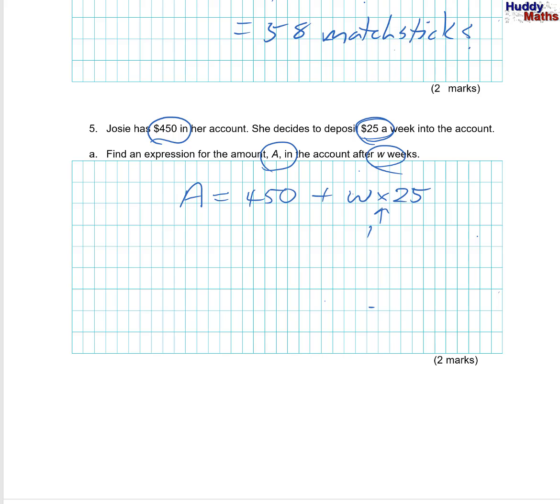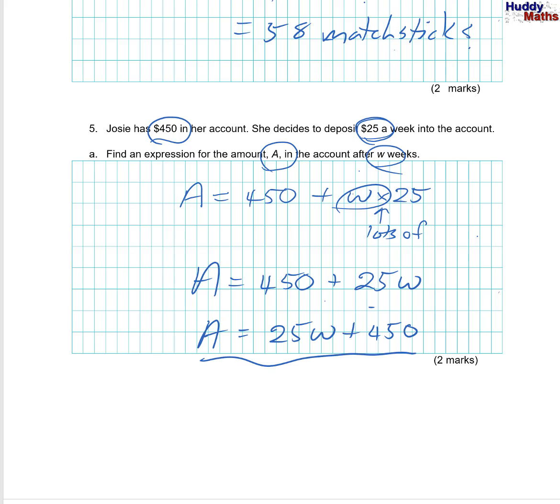Okay, the lots of being represented by multiplication here. So every week she adds on another lot of 25. So it's 450 plus, we usually put the number in front and no multiplication sign. And then we also usually put the pronumeral term first and 450 second. There's 2 marks for that.